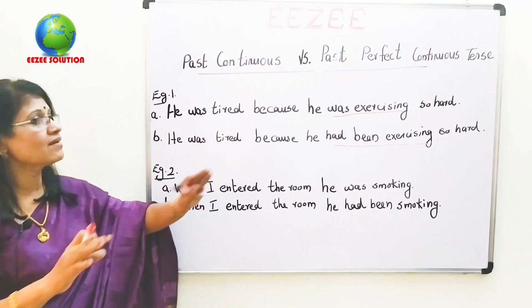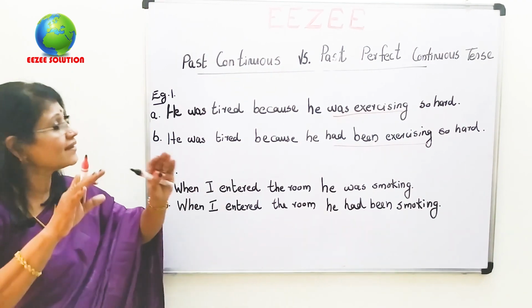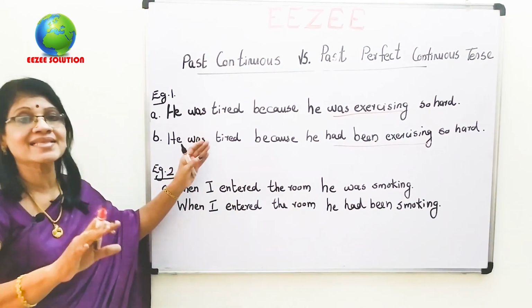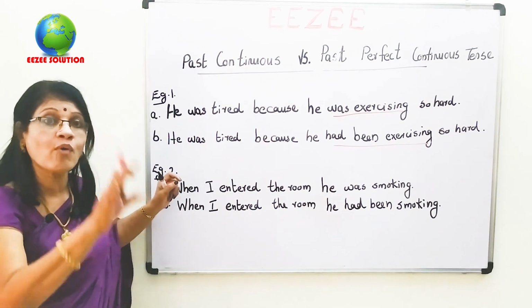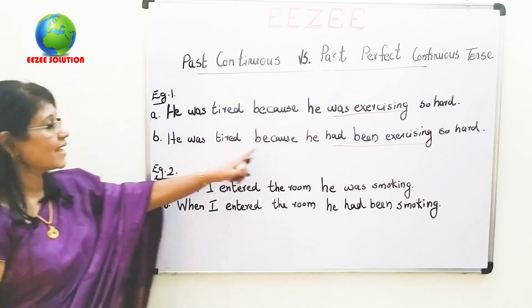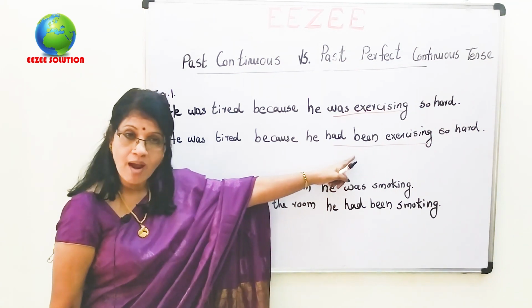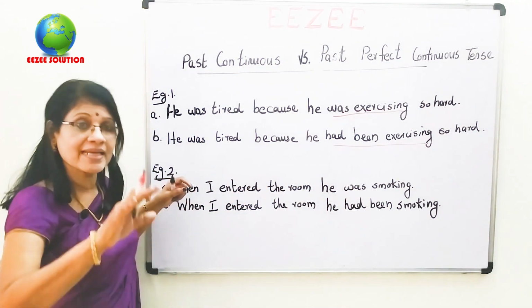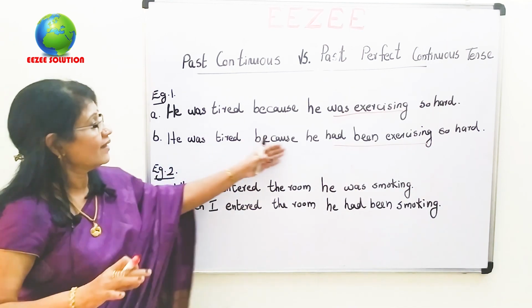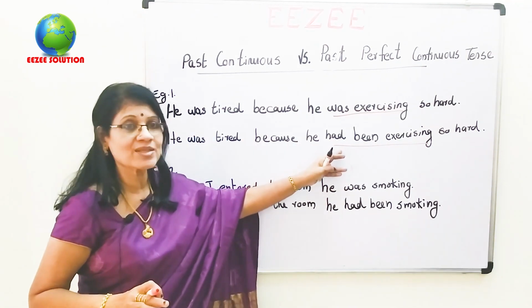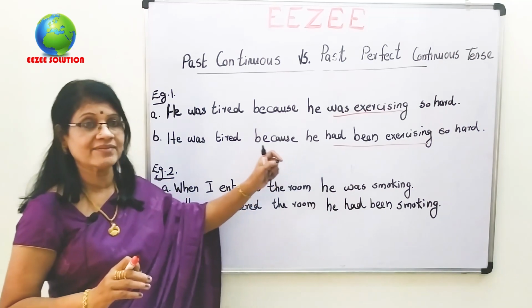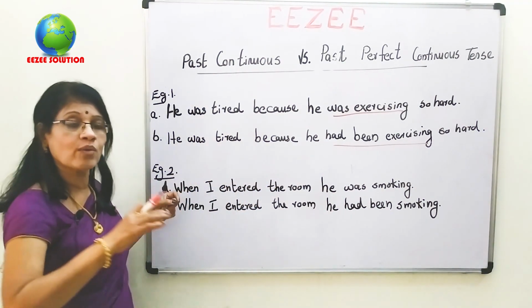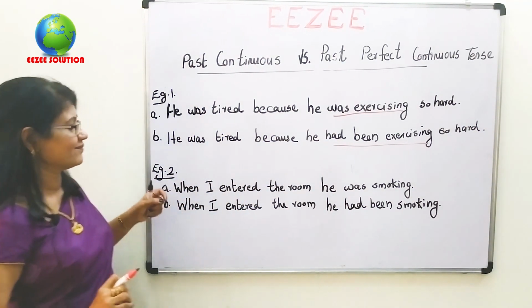At that time, he was exercising so hard. But he was tired because he had been exercising so hard means he was exercising over a period of time. Here the emphasis is on the duration of that activity.